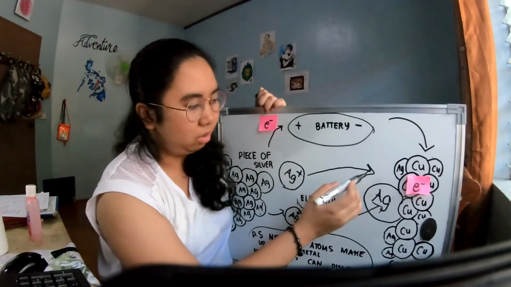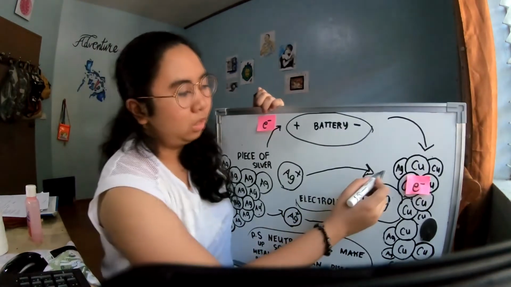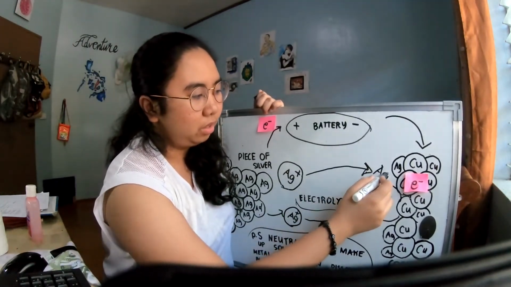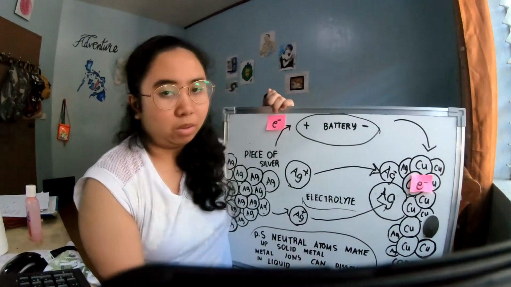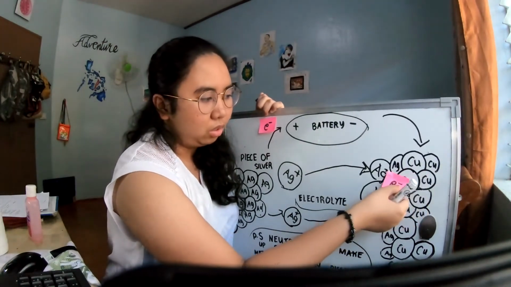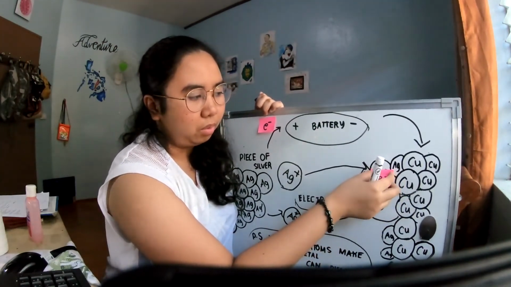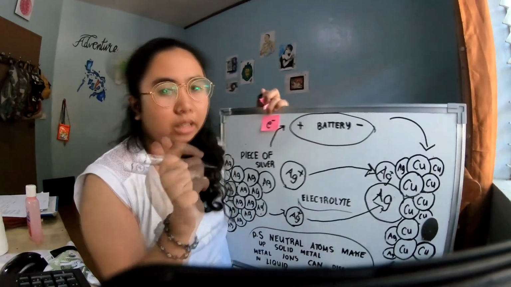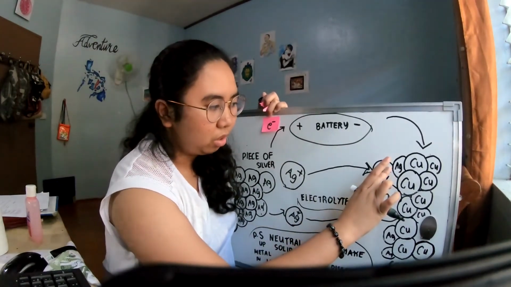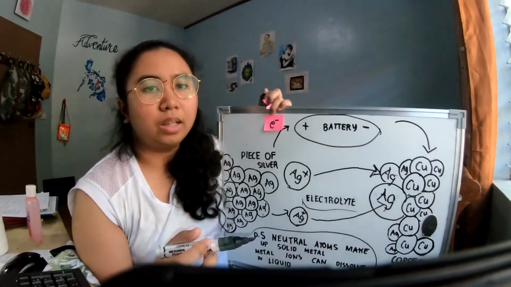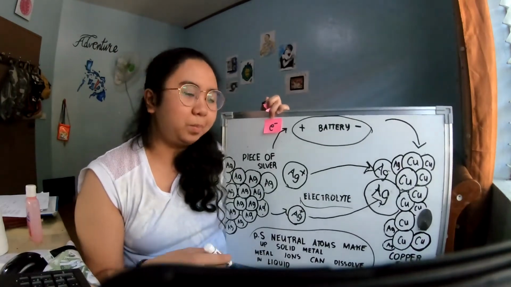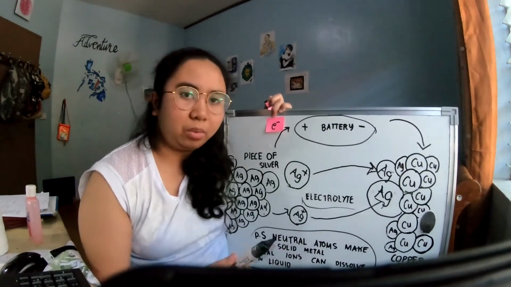Let me draw that arrow here. So Ag will be here, but it's still positive. But when electrons will be here, that's actually the time wherein Ag will go back to being neutral. So that's just how it works.